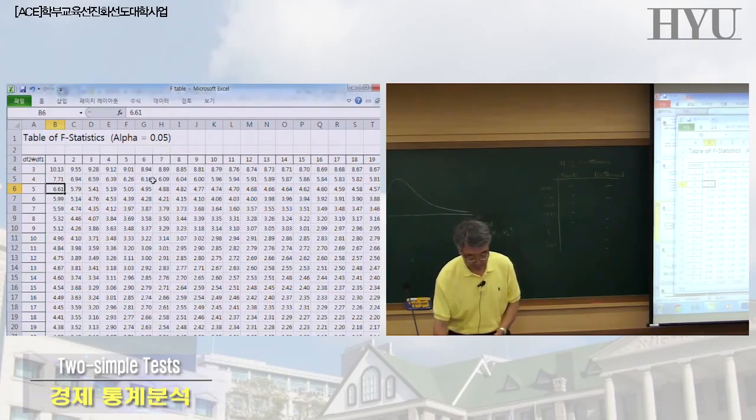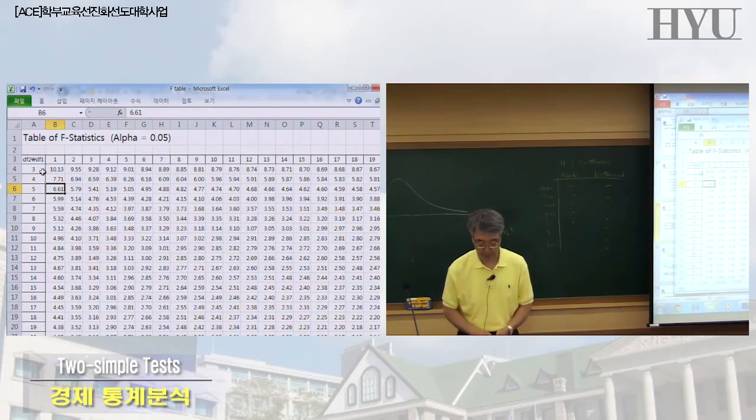So this F table has the same structure as the F table in the back of your textbook. On top, the first row, we have degrees of freedom 1. And this W is supposed to be a backslash, but somehow it shows up as W. And that means this first column is degrees of freedom for 2.